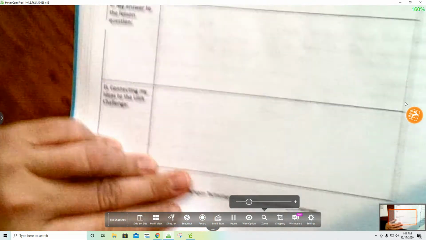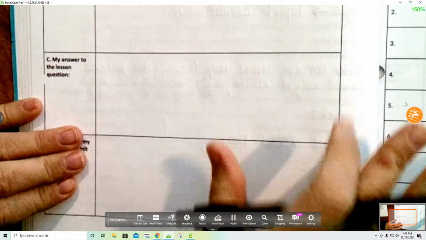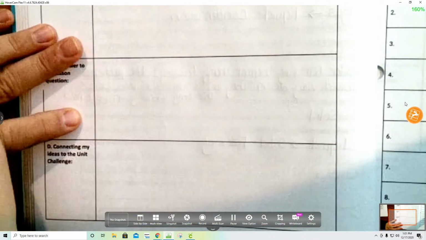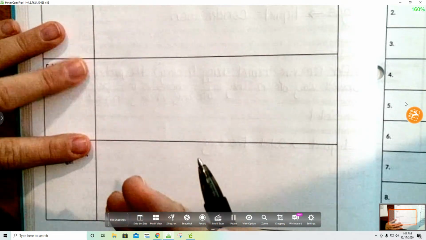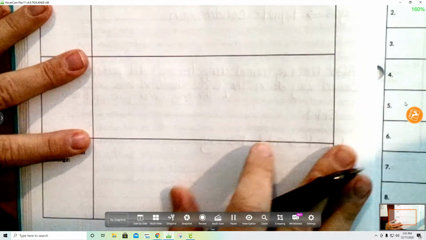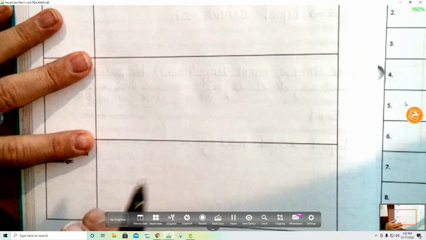Make sure you can see this. We're going to have to write pretty small for this. How does water change state from solid to liquid to gas? Well, when we add thermal energy, when we add that heat energy to the water molecules, it causes the molecules to move faster and get farther apart.